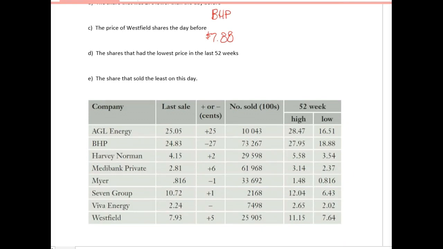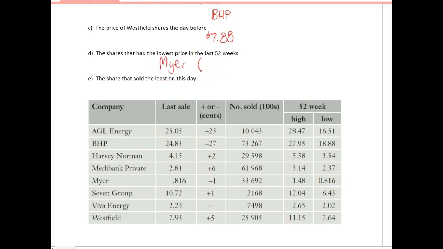Now, what shares had the lowest price in the last 52 weeks? Well, these two columns over here on the right show us the highest and lowest prices for that stock over the last 52 weeks. So we're after the lowest low. The smallest number in this column here is 81.6 cents, 0.816, for shares in Myer.